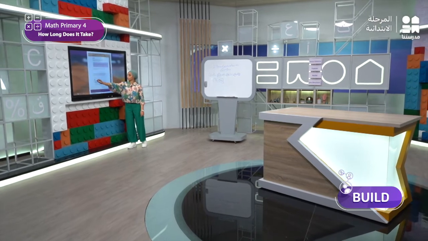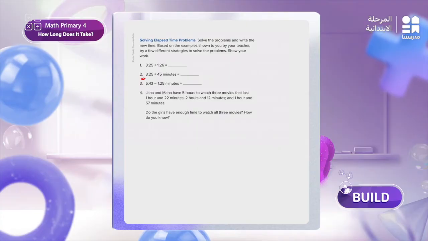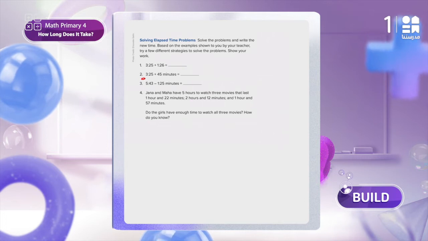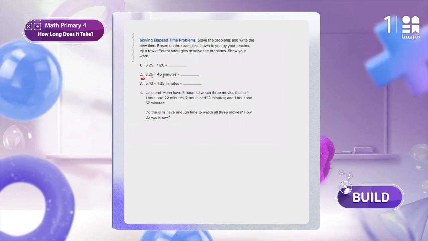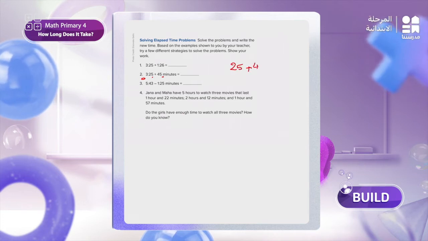Now here in problem 2, we want to add 3 hours and 25 minutes to 45 minutes. طيب the sum of the minutes is هعمل أول حاجة هعمل addition للminutes. هعمل 25 plus 45. Okay, يبقى 25 plus 45 gives me what?